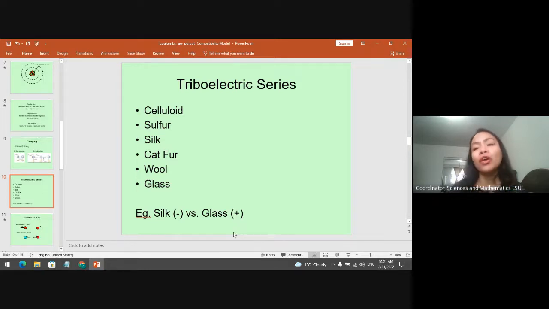Now in your laboratory for module 1, you are going to rub objects together. Say for example, we have our ball pen and we have our hair. You are going to rub your ball pen on your hair. I know you did this in elementary. Then you take a piece of paper, and once you rub your ball pen, the piece of paper will be attracted to it.